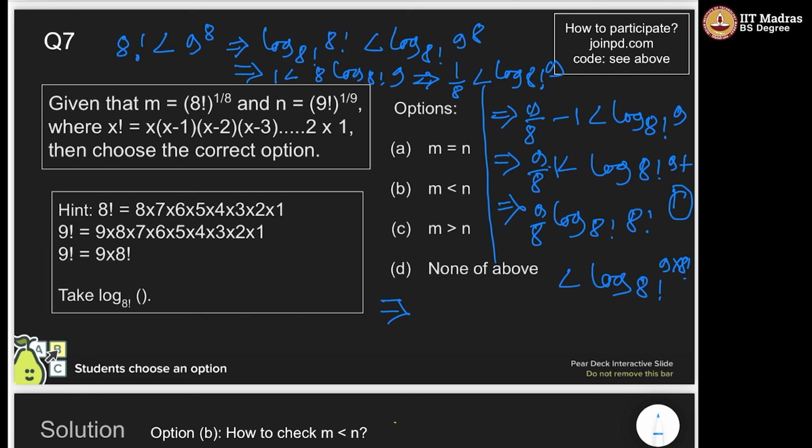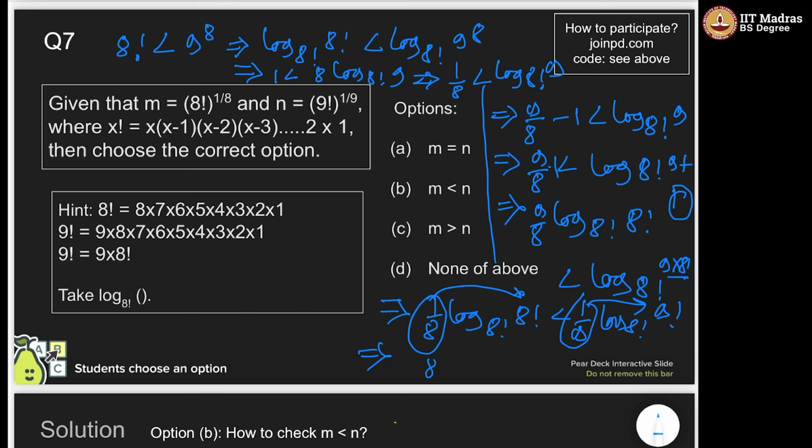So we get 1 by 8 log_(8!) 8 factorial less than 1 by 9 log_(8!) of 9 into 8 factorial, which becomes 9 factorial, right? From here we can take this power over here and this power over here. Then we can cancel log 8 factorial from both sides. Then we get 8 factorial to the power 1 by 8 less than 9 factorial to the power 1 by 9. That means m is less than x. So option B is basically the correct answer.